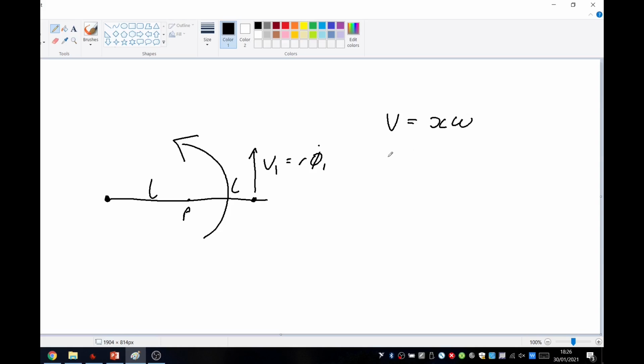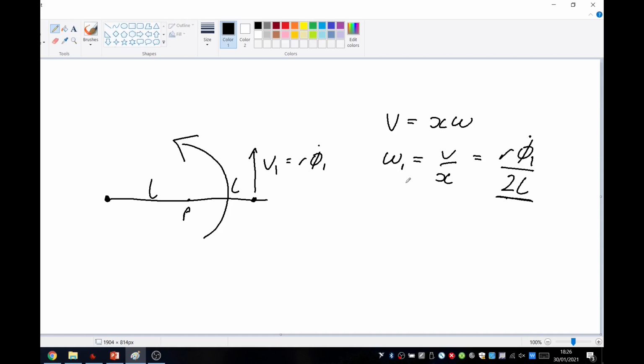So our angular velocity omega is V over x, where in this case V is r psi 1 dot and our x is our distance, which is 2L. So the rotation caused by this wheel being stationary and this point moving is given by this value here. And this is the contribution due to wheel 1 moving.